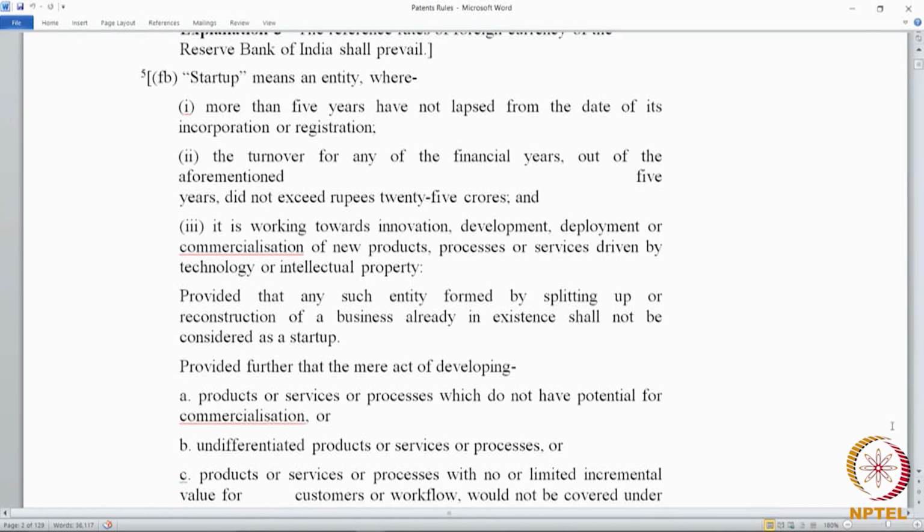So, this startup could technically qualify for a status under the definition, though it may not have anything to do directly with technology, because the option given in the definition is that you could be working on technology or you could be working on intellectual property.